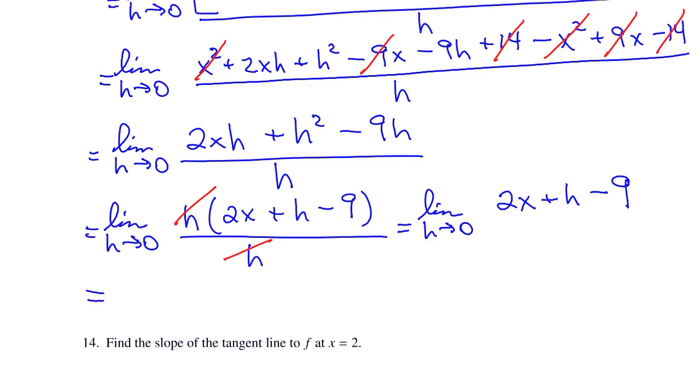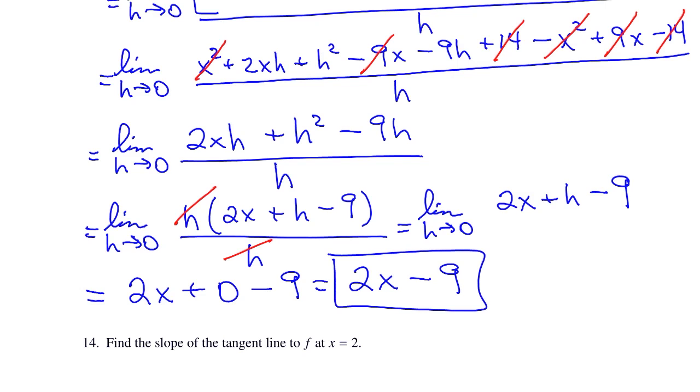Since we don't have the denominator anymore, we can evaluate when h goes to 0. So it's 2x plus 0 minus 9, which gives me 2x minus 9, which is the derivative of the original function.